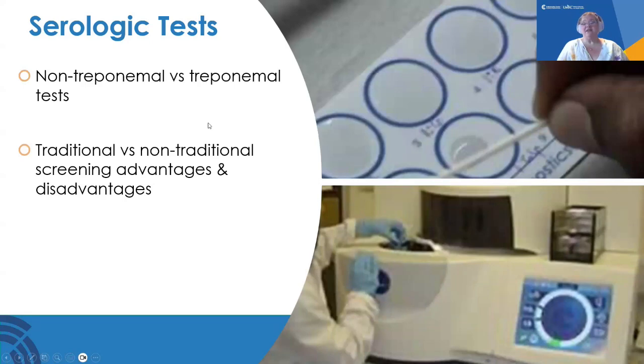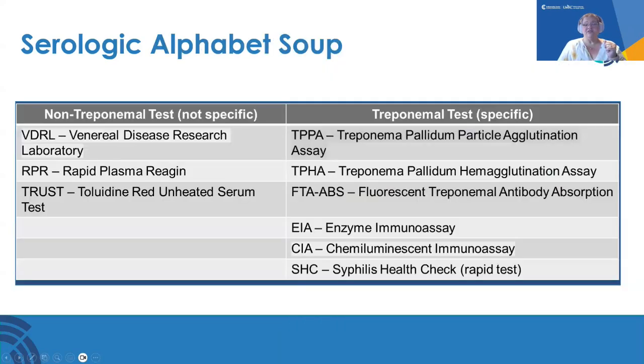For serologic tests, there are two different types of tests. One is non-treponemal and one is treponemal. And then there are two different ways to screen. There's the traditional and the reverse. So I'm going to try to break this down to where it's easier to understand. There's a lot of alphabet soup whenever you're talking about syphilis and syphilis tests.